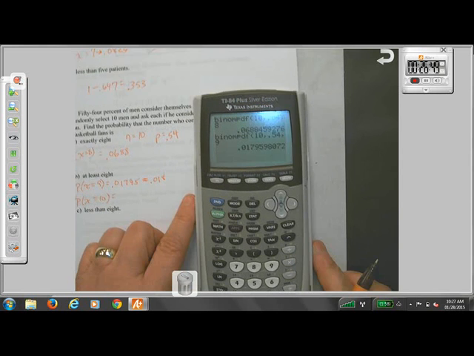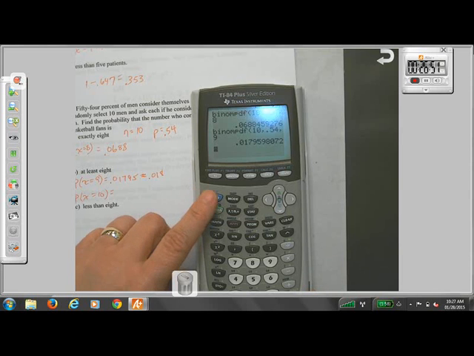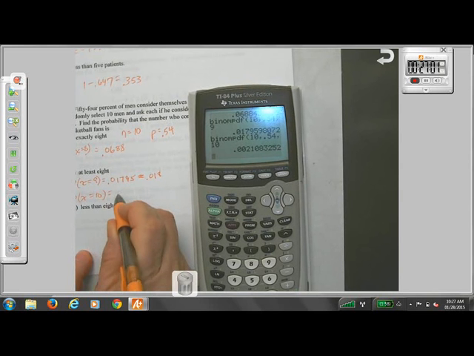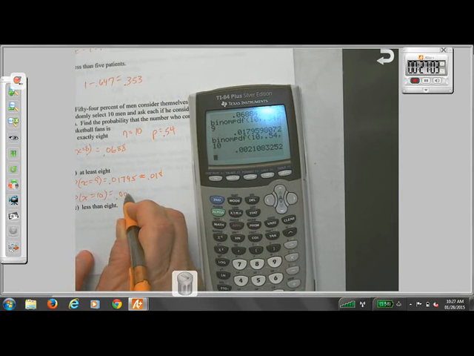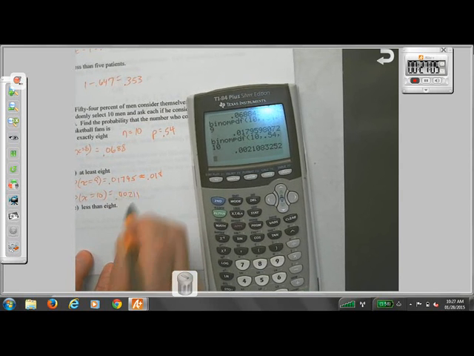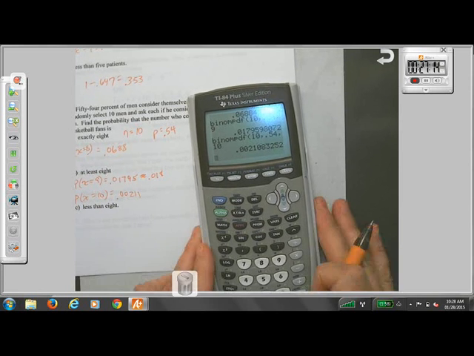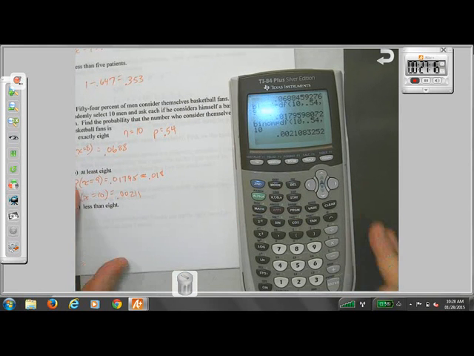I'm going to go second enter and change 9 to 10. Three significant digits, and then add the 3 up for the total here, at least 8.